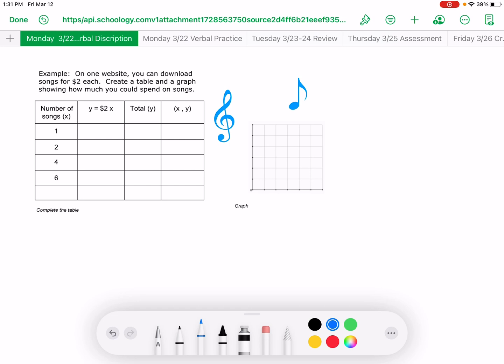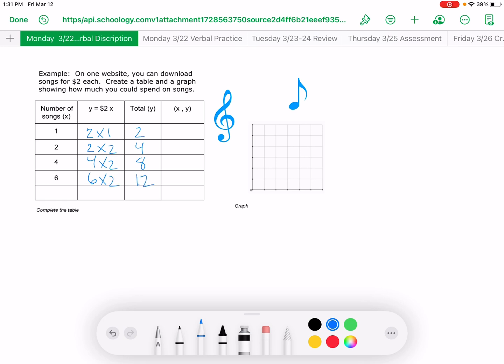Create a table and graph showing how much you could spend on the songs. So here they're going to say 2 times 1, because 1 is your x, is equal to 2. 2 times 2 equals 4. 4 times 2 equals 8. And 6 times 2 equals 12.